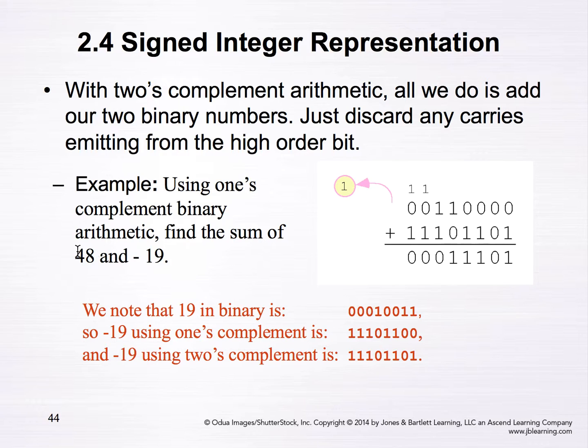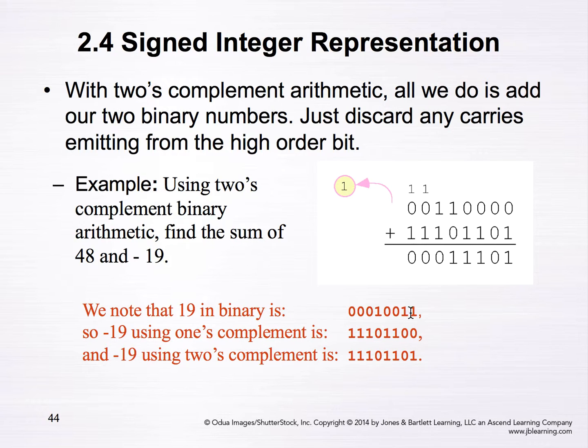We know that 48 is a positive number, so in two's complement representation it stays the same; the value of 48 is represented by this binary string. On the other hand, in order to find negative 19 in two's complement representation, the first step is to represent 19 in binary.